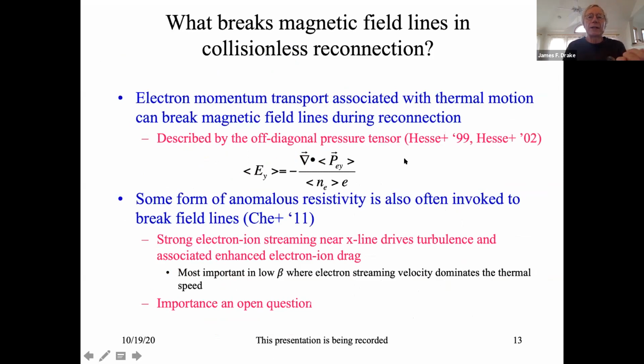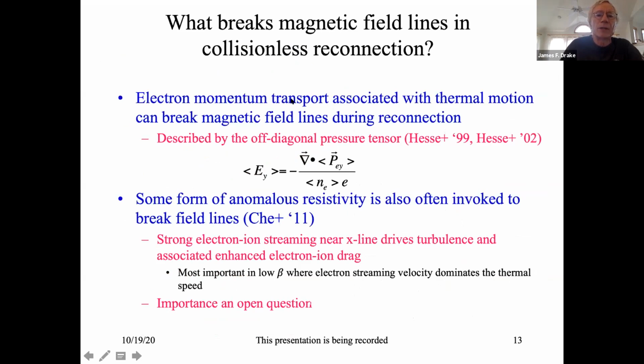What about breaking field lines in collisionless reconnection? There was a lot of earlier work on this, and I think Michael Hesse deserves a great deal of credit for trying to sort this out.